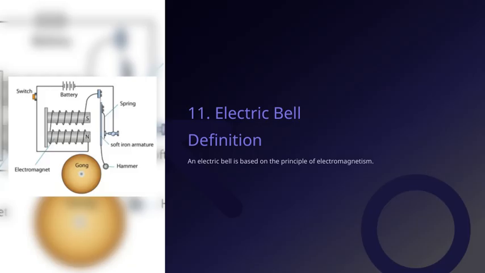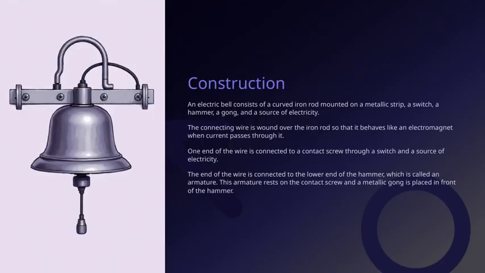This principle is fundamental not only to electric bells, but also to many other electrical appliances. So, understanding electromagnetism helps us grasp how these devices work and how they can be used efficiently in our daily lives.